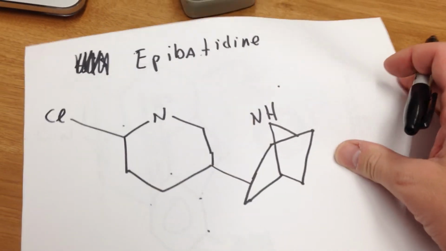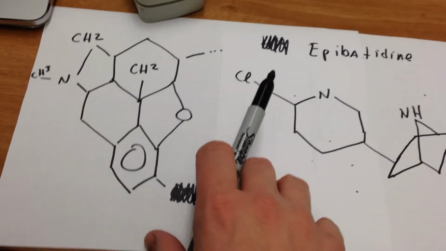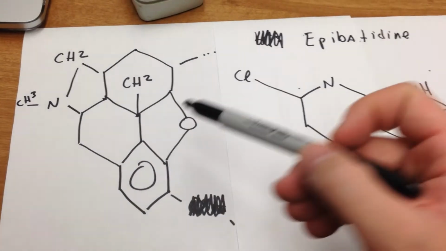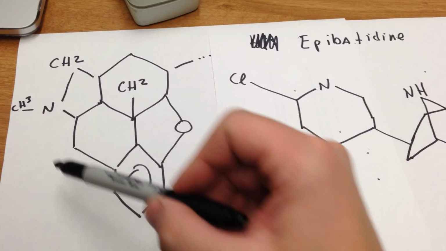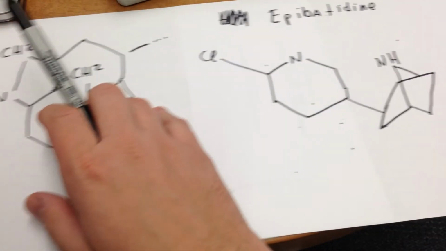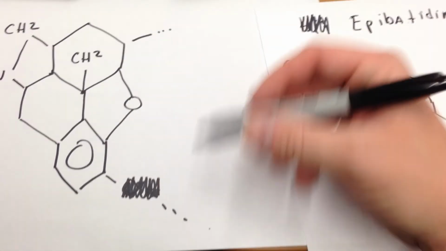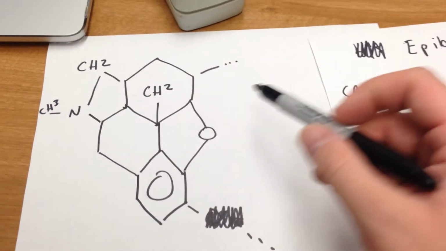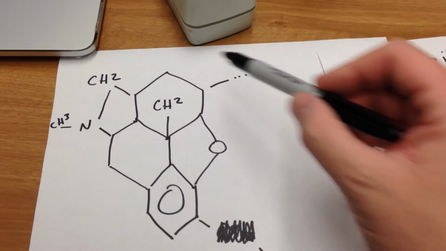Which is interesting because if you look at the structure of this, and compare and contrast that to the structure of most of the opiate substances, most of our opioids have this central structure in them, and this is what we call the morphine ring here. And then you can have some side groups that come off of here. That's what these dots are. But all the opioids share this morphine ring in common.